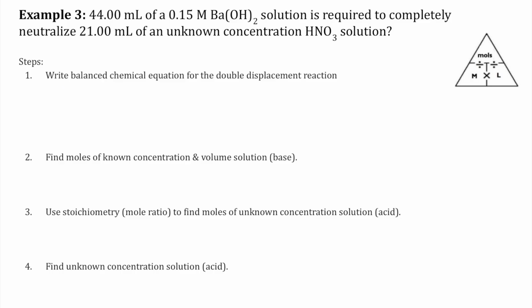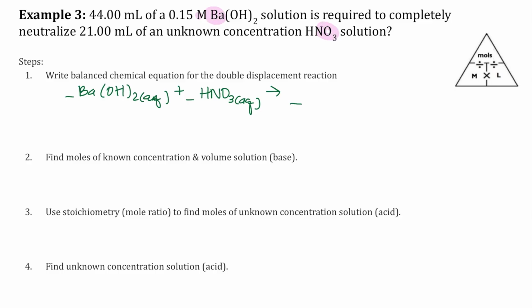Our first step is to write a balanced double displacement reaction. We're given those chemicals, so I have my Ba(OH)2, and that is aqueous because it's a solution, plus HNO3, that is also aqueous. And this is going to be just a single direction reaction. Our positive barium is going to pair up with our NO3.